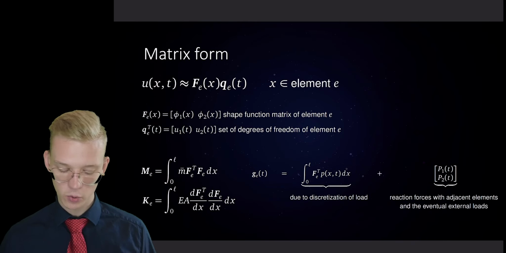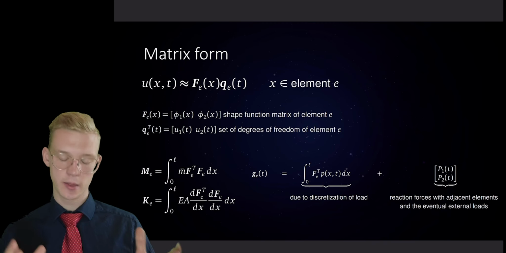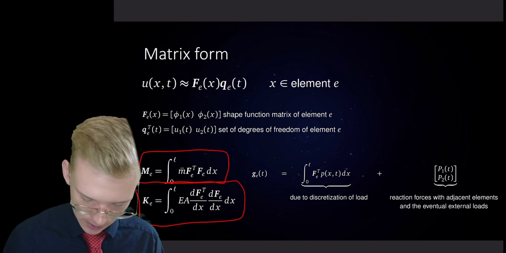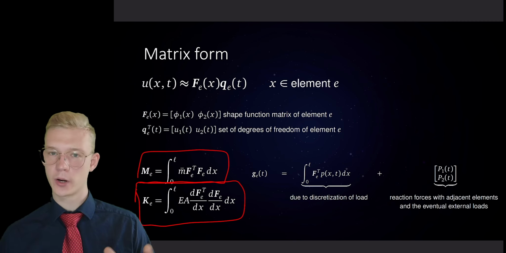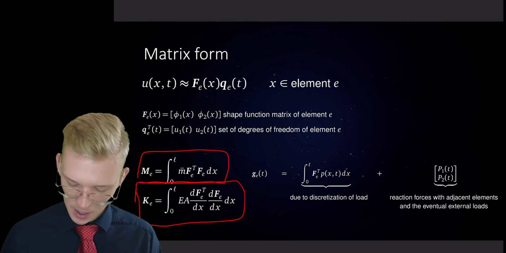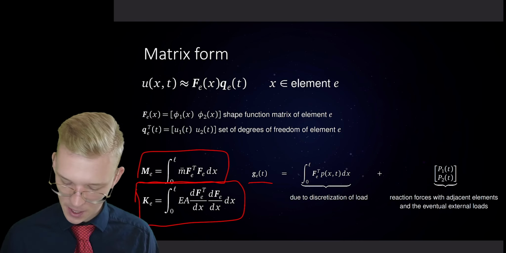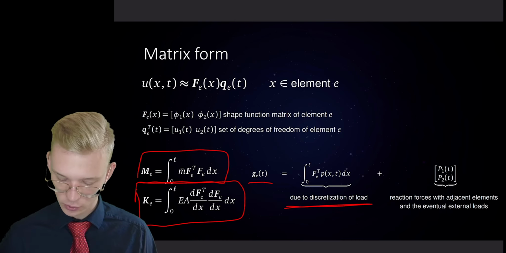So we can now do the same thing we did in the Rayleigh Ritz method, where we get a mass matrix and a stiffness matrix. Please have a look at the video where I talked about the Rayleigh Ritz method. And of course we have the G, so our forces in our element, and we have forces due to the load.